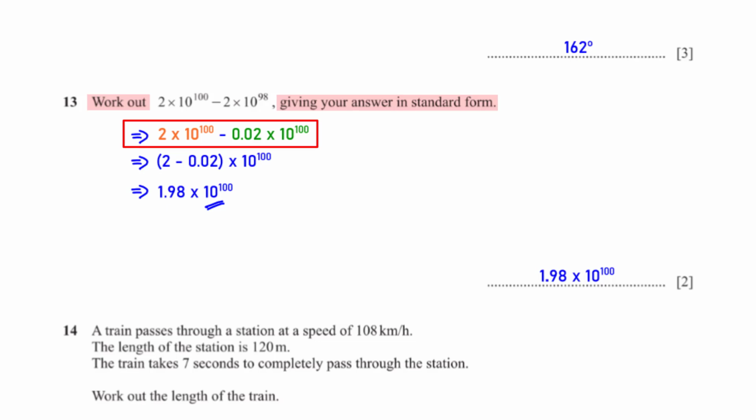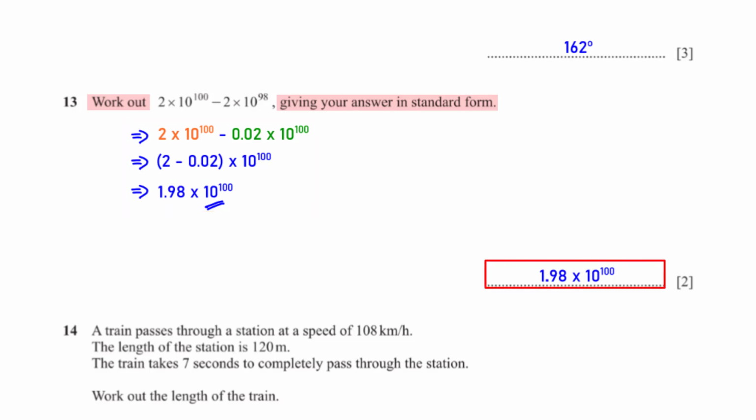Then we also divide 2 by 10 raised to the power 2 to balance the expression, which gives us 0.02. We can rewrite this as 2 minus 0.02 times 10 raised to the power 100. 2 minus 0.02 is 1.98, so we have 1.98 times 10 raised to the power 100.